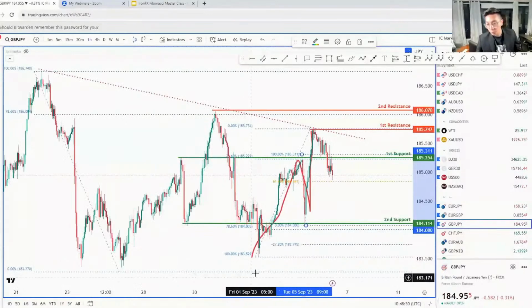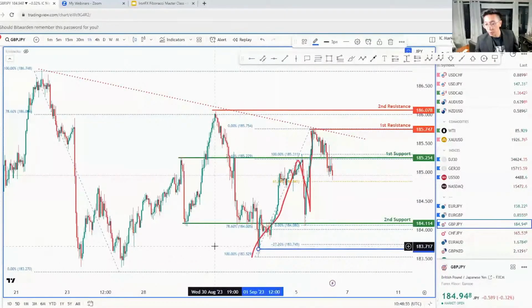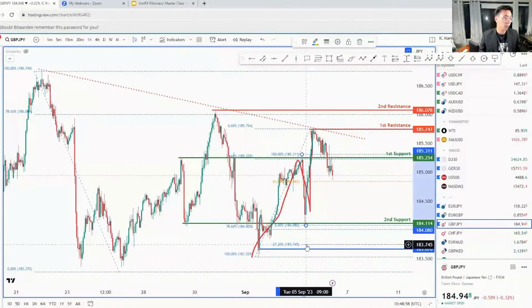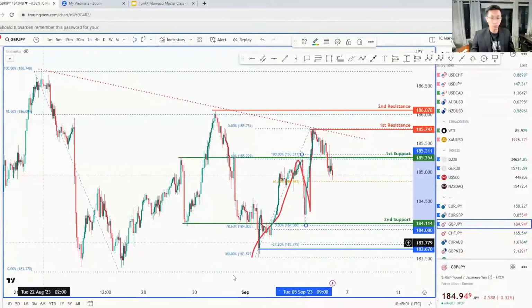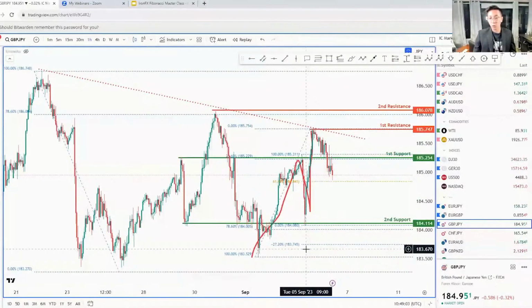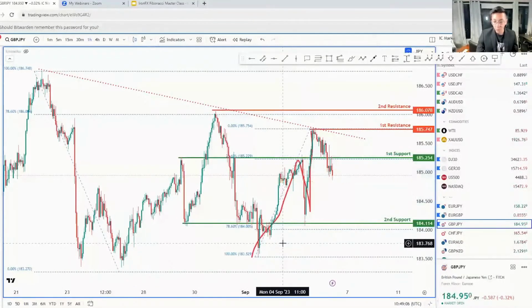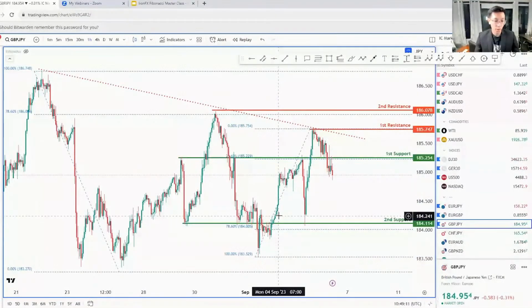Okay, but yep, you can see right here that maybe this swing low is the one that is closest to this negative 27.2 expansion level, okay? But try not to squeeze your key levels onto your Fib levels, because if you try to squeeze, then it will not be as effective, because your key levels should always come first. Your graphical key levels should always come first, and then followed by your Fib retracement levels. Okay, so this is just something that you guys can take note of.